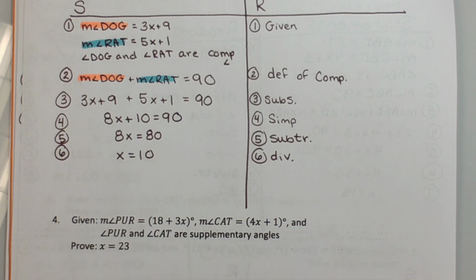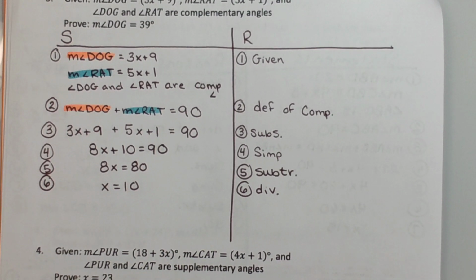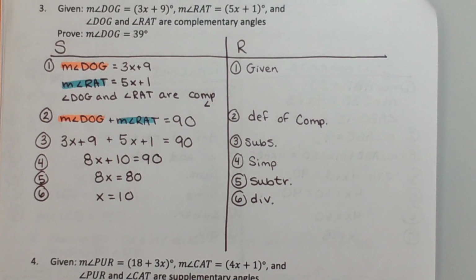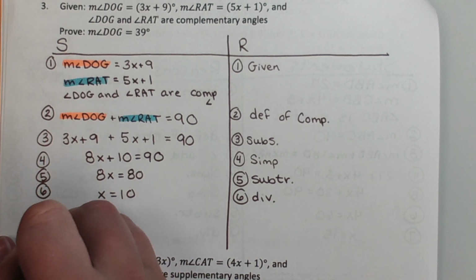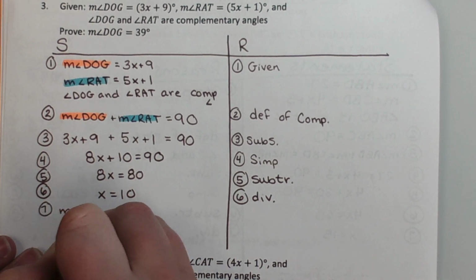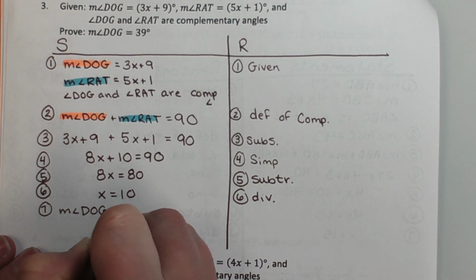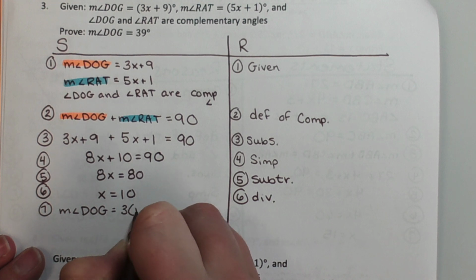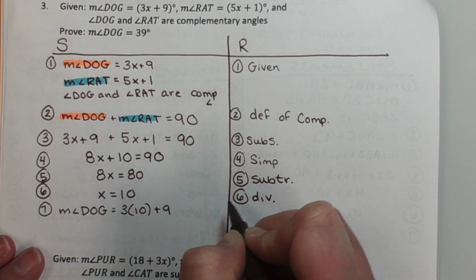After we finish the algebra, what do we have to do? Is that what I was trying to solve for? Is that what I was trying to prove? No. So I plug it back in. Do you notice that this problem is not that much different than the ones on the previous page?